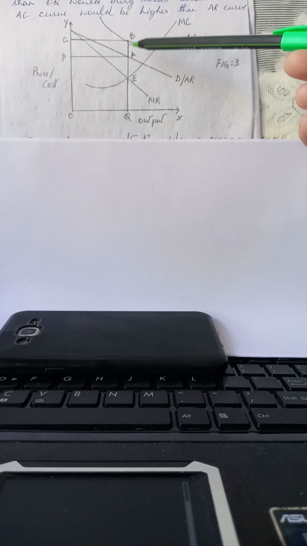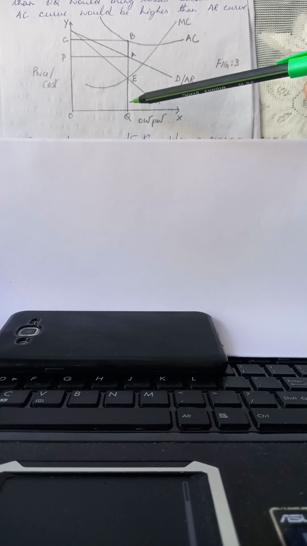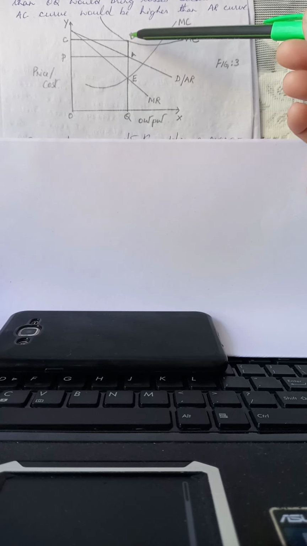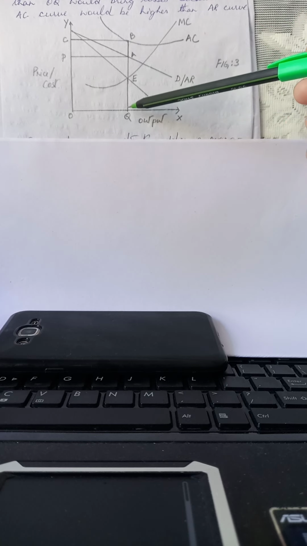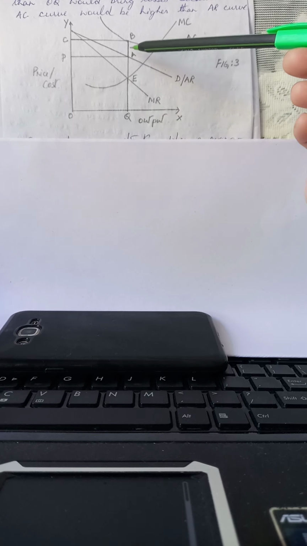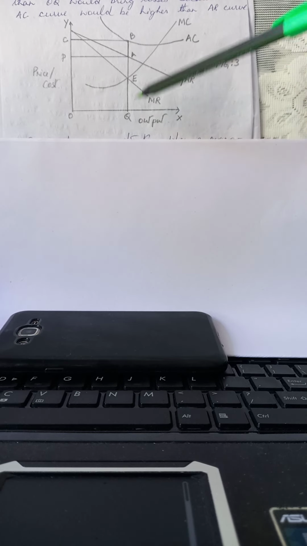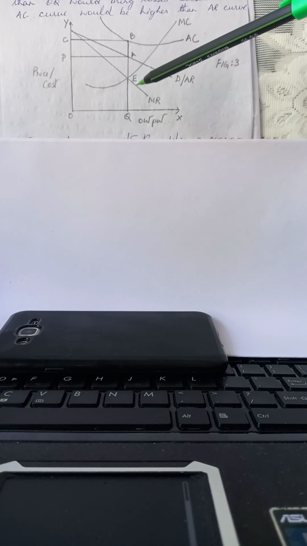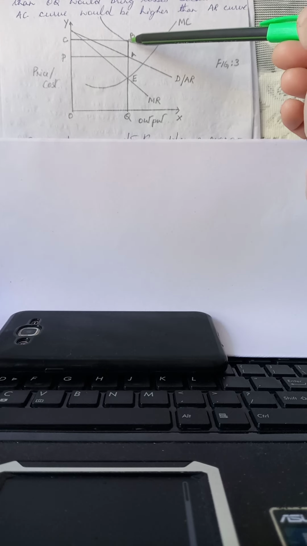Just by looking at this diagram, we can easily conclude that his average cost QB is greater than his average revenue or price AQ, which means this monopolist is incurring a loss, and he incurs a loss of AB per unit.